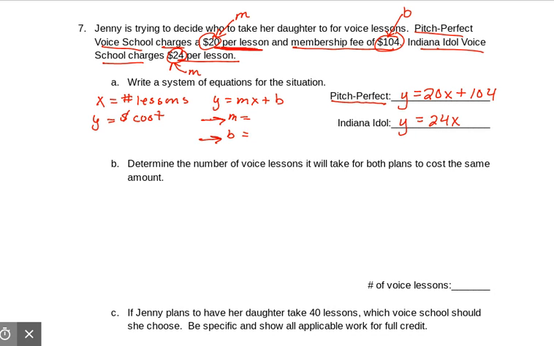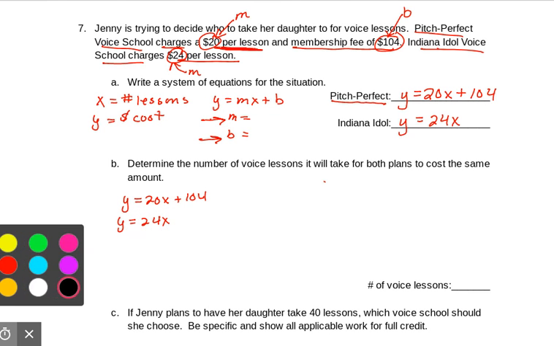Now it says determine the number of voice lessons it will take for both plans to cost the same amount. So what I'm going to do is actually solve that particular system. I'm going to quickly rewrite it here, and I should notice I have a system where they're both solved.